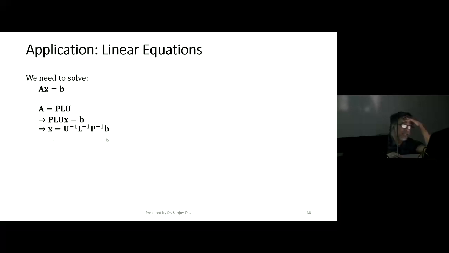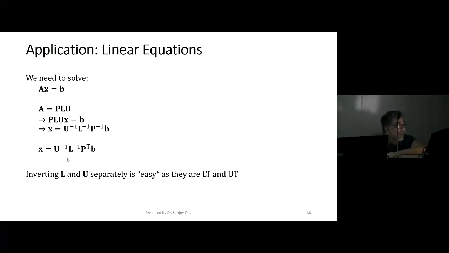So this is how we can solve a set of linear equations. Of course, in MATLAB, it's much easier: all you have to write is X equals B backslash A. So this is my X here. And inverting L and U is easy as they are lower triangular and upper triangular.